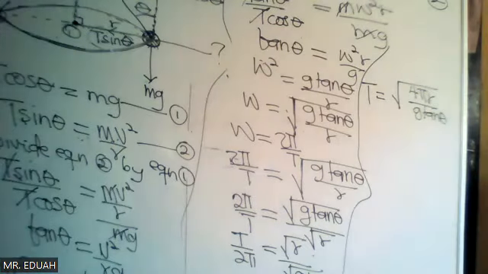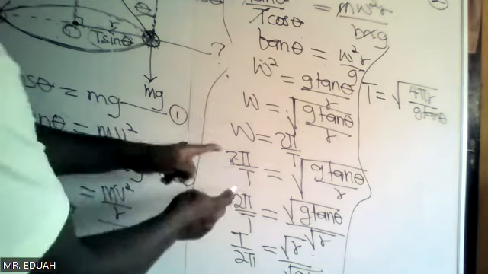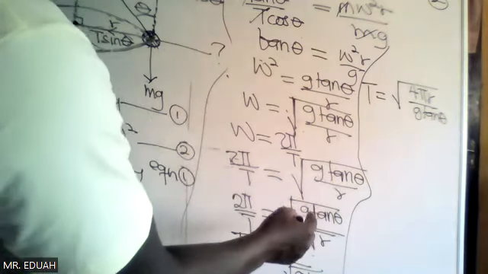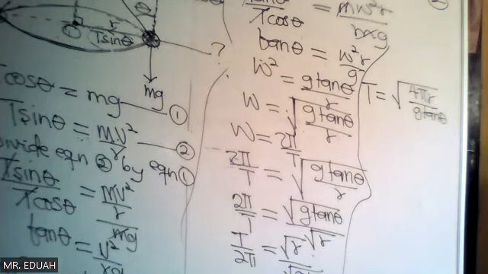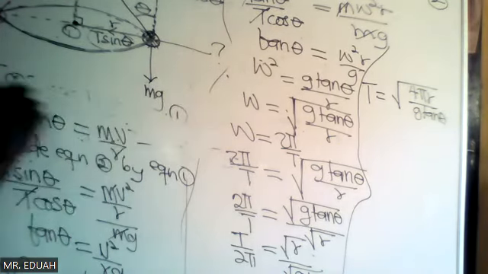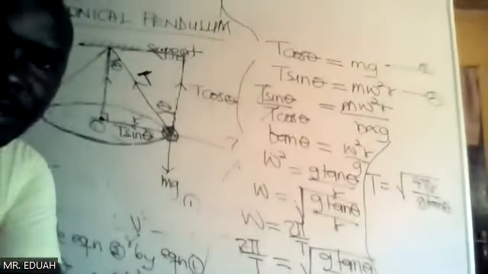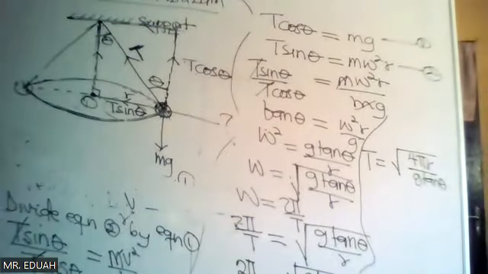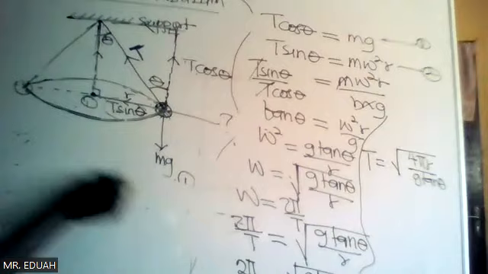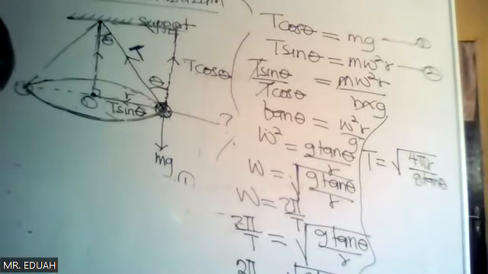No. Even if it's like this and you cross multiply, let me use the steps you used. Madam, should we square it or leave the square root sign? No, you are making T the subject.